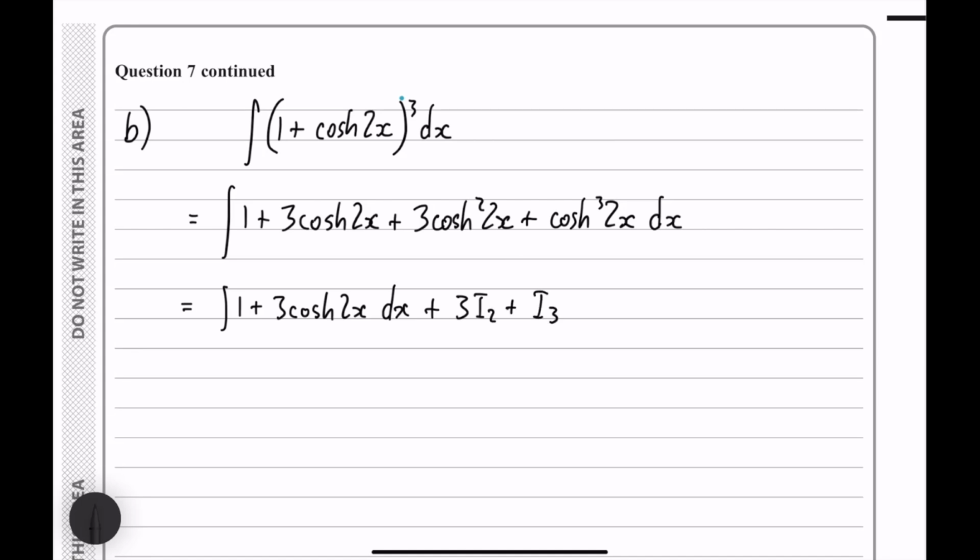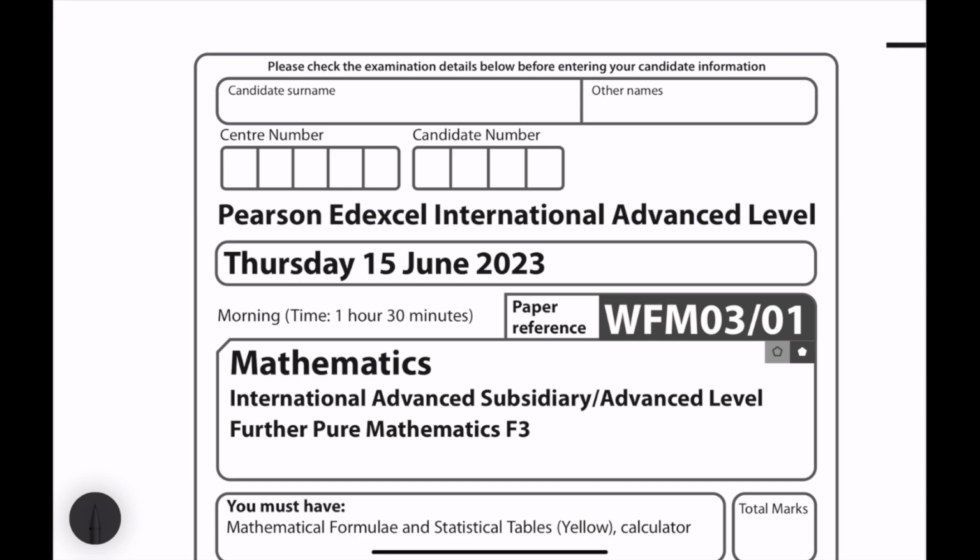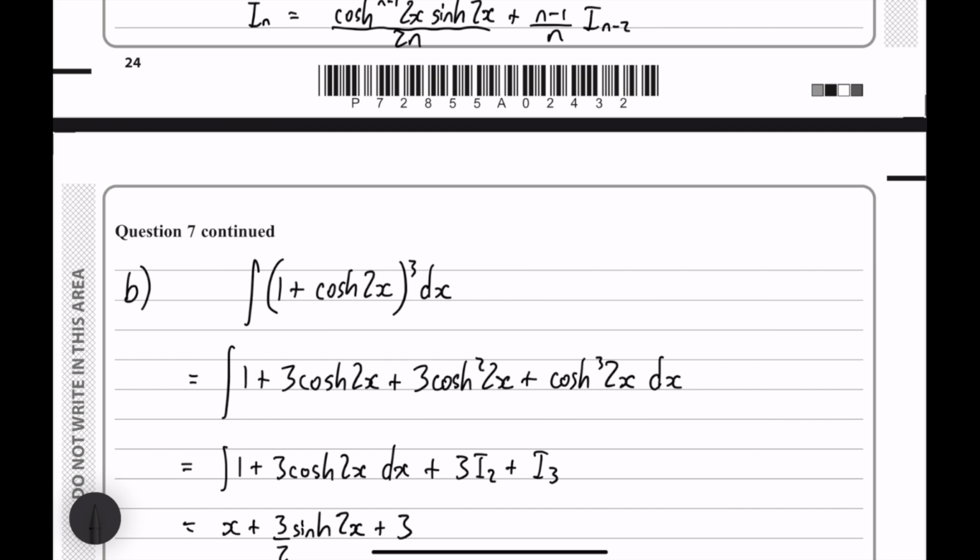We can integrate this quite easily. That's x plus 3 over 2 sinh 2x, and then 3 lots of I2. Now we are using the thing at the top of the screen there, which is really horrible.